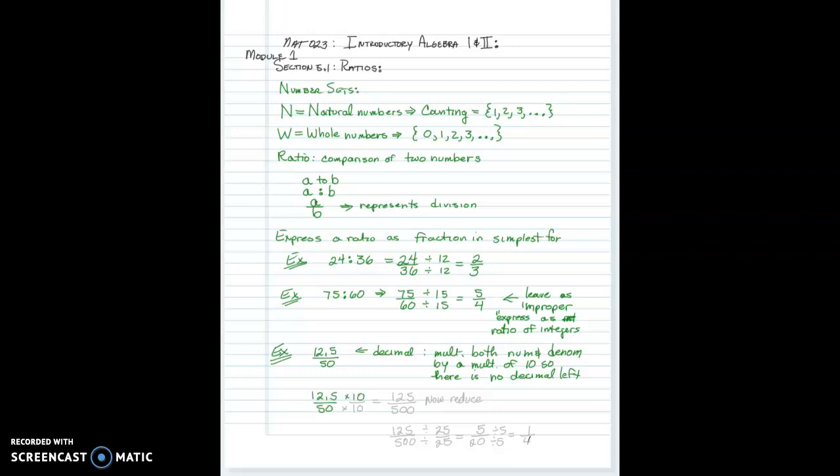To reduce that 125 over 500, I believe both the numerator and denominator can be divided by 25, which would give me 5 over 20, and that can still be reduced by another factor of 5, so it'll give me 1/4.